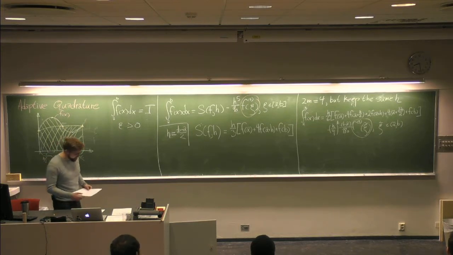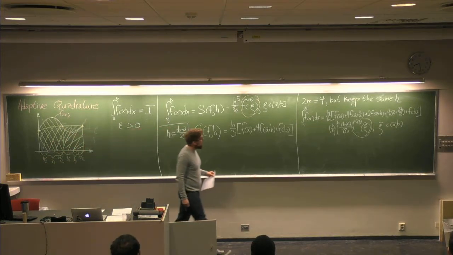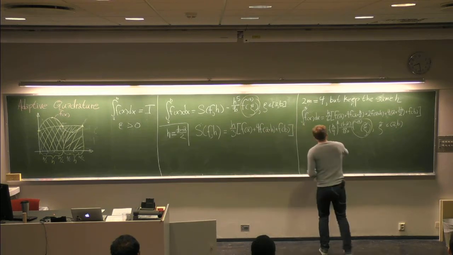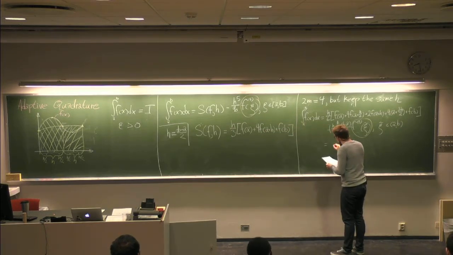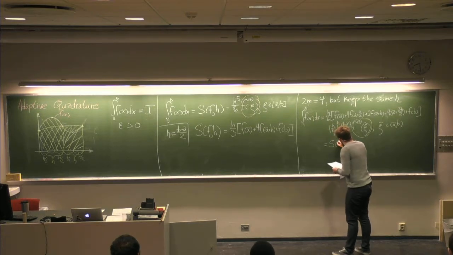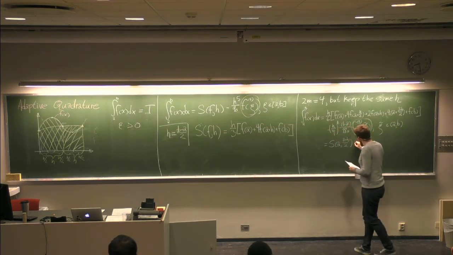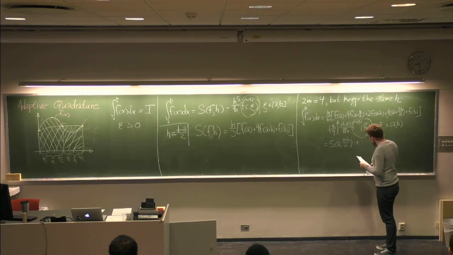But we can also split this into two in order to save some time. So we call this S of a to (a plus b) over 2, plus S of (a plus b) over 2 to b.